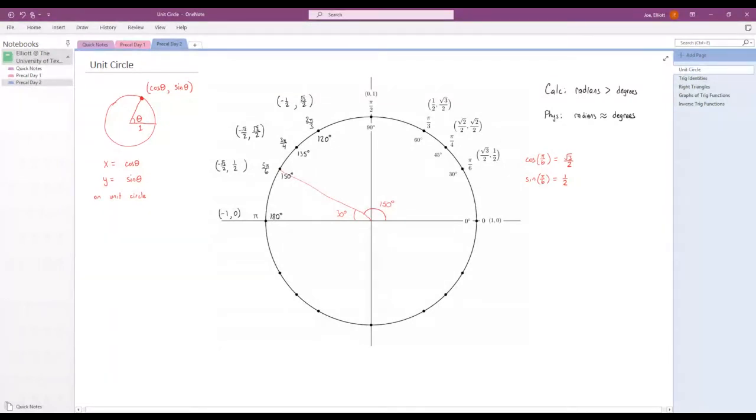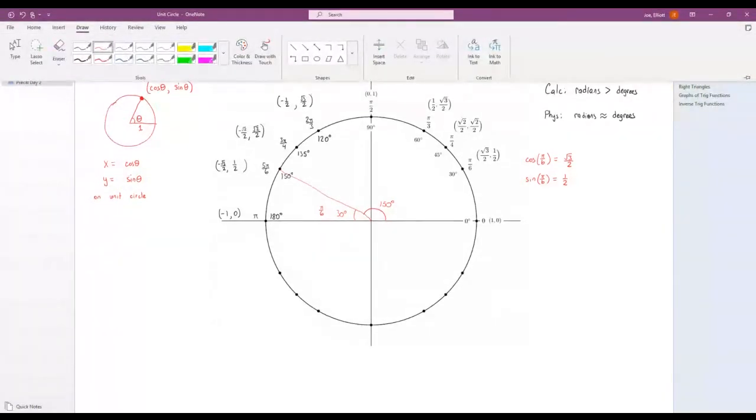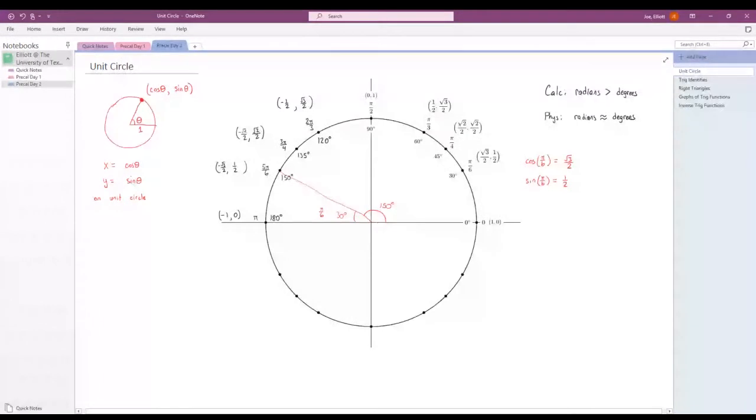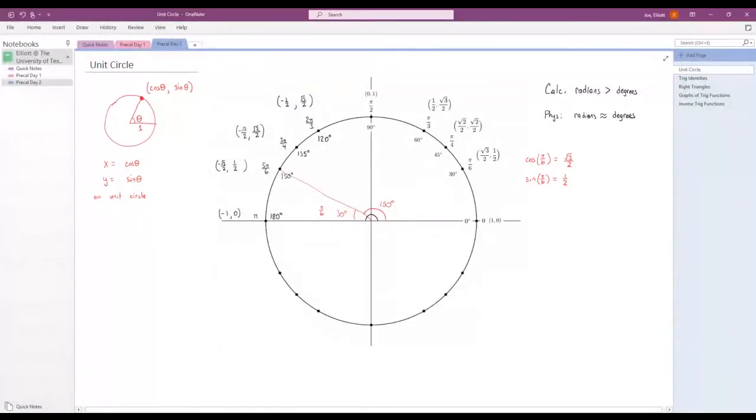Okay. And you can use that same logic for radians as well. So we know that this angle here is supposed to be pi over 6 radians. And we know that altogether, this makes an angle of pi radians.